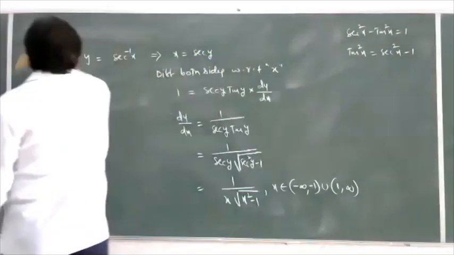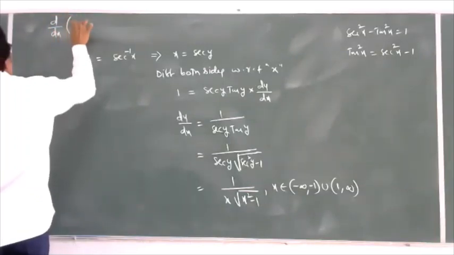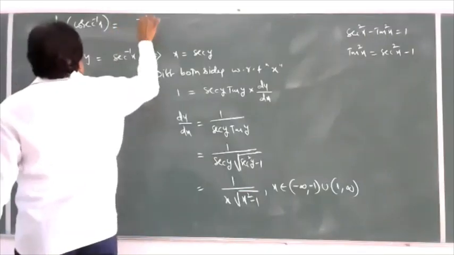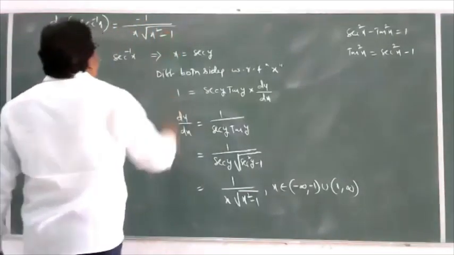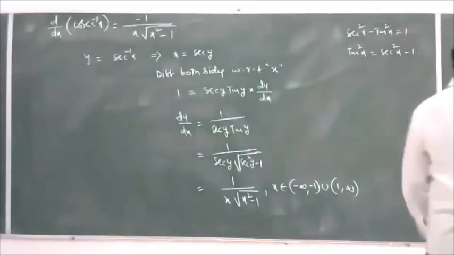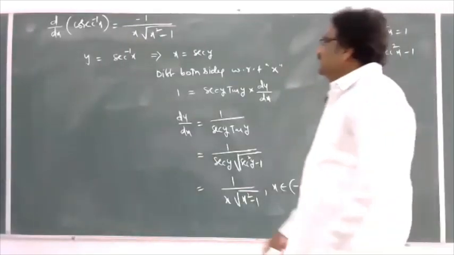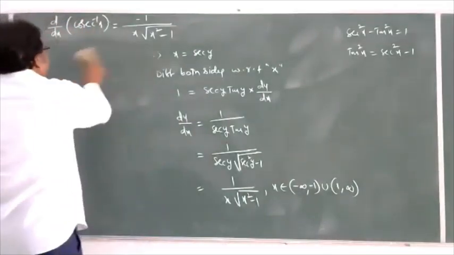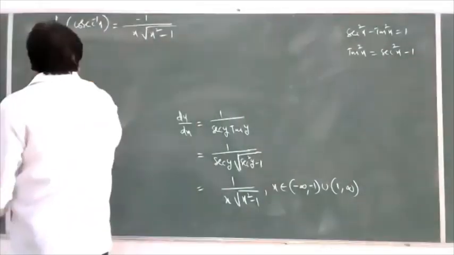In the same way, we prove d by dx of cosecant inverse x is equal to minus 1 by x into root of x square minus 1. The proof is the same way.